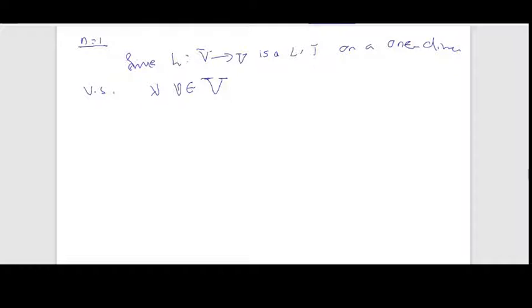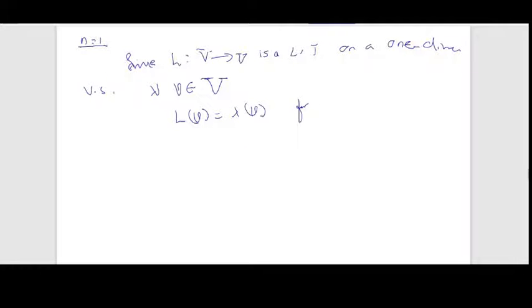Then we have the result that every linear map from a one-dimensional vector space to itself is multiplication by a scalar. Okay, so there is some scalar lambda such that L of v equals lambda into v.